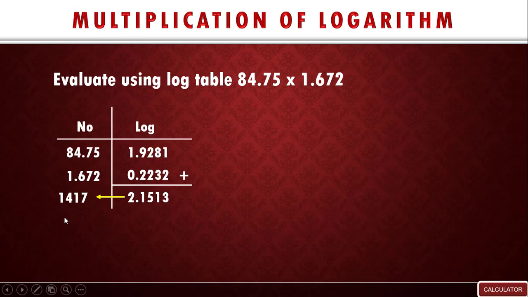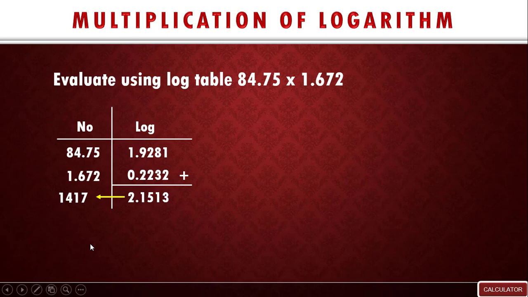So the next thing to do is to count from this position here. Count 3 to your right hand side. So you're counting before the 1. So 1, 2, 3. So your decimal is around here.